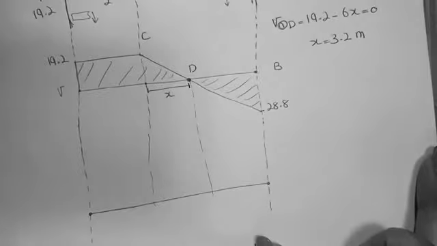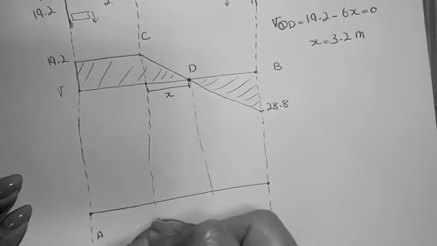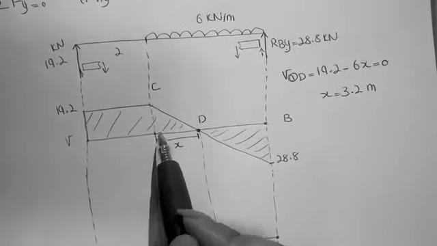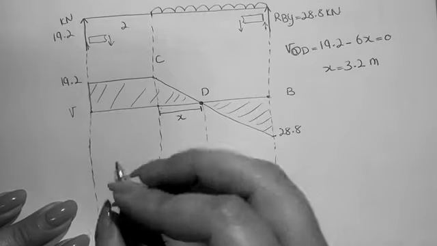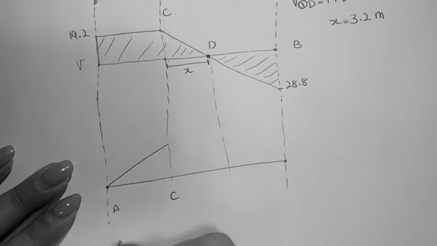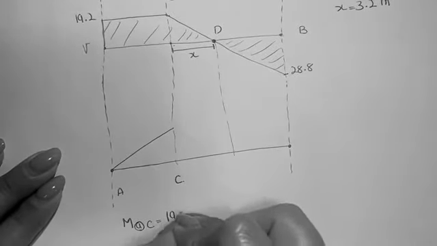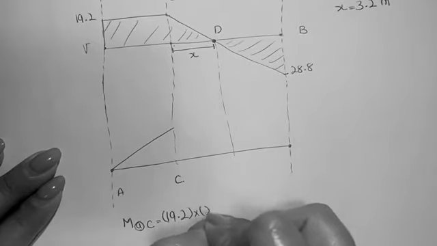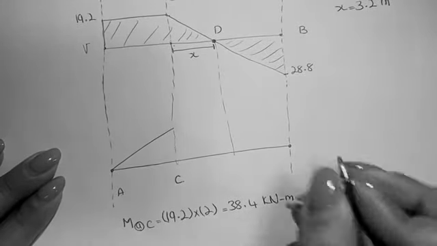So from point A to point C, we just have this shear force, so the bending moment will be linear. At point C, the moment equals 19.2 times 2, which is 38.4 kilonewton meters.